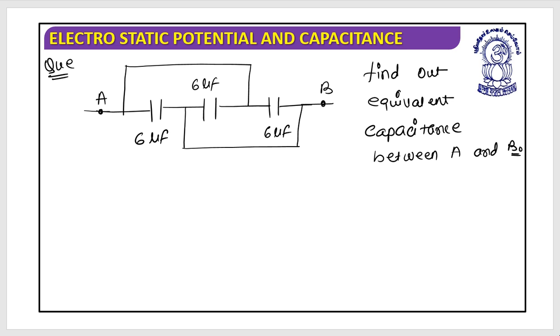Now how can I do this? Are these three capacitors connected in series or parallel? How could I decide whether they are connected in series or in parallel? What can we do?